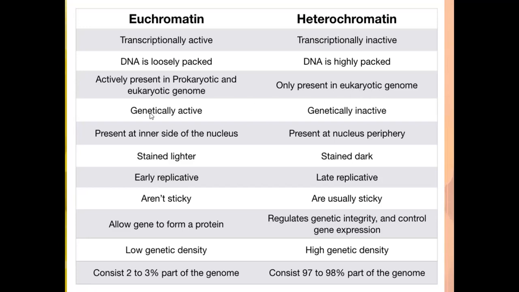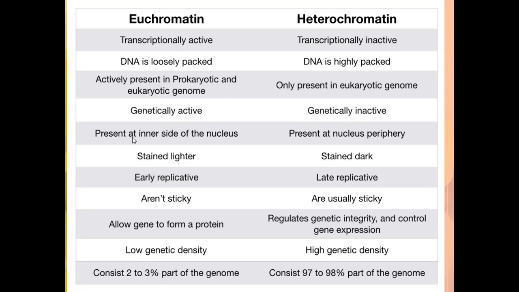And euchromatin is genetically active. Genetically active means it is involved in hereditary characters. They can pass genetic characters from one generation to another through the euchromatin genetic material. But heterochromatin is genetically inactive. It cannot be involved in hereditary characters.